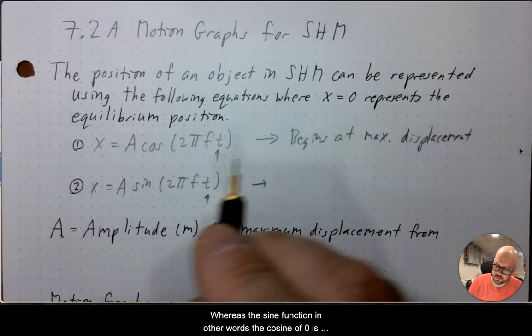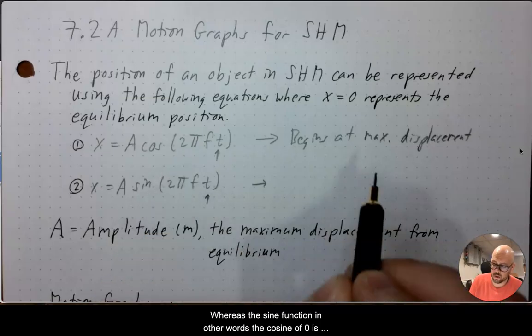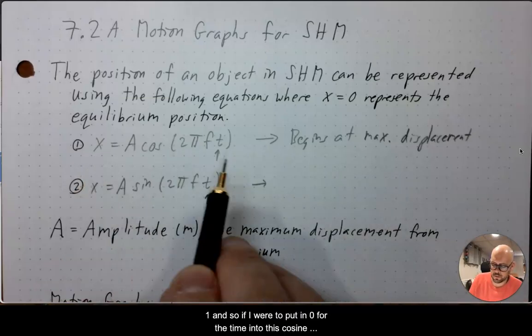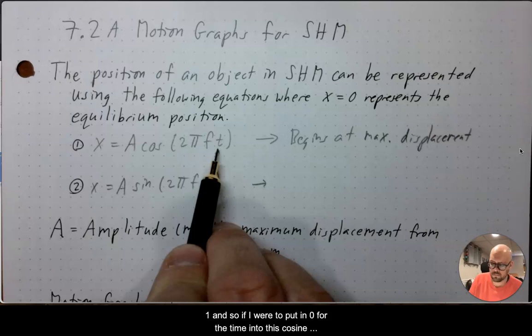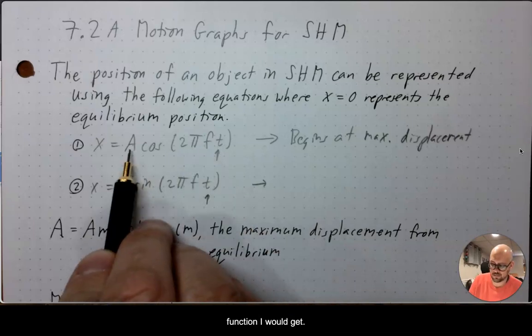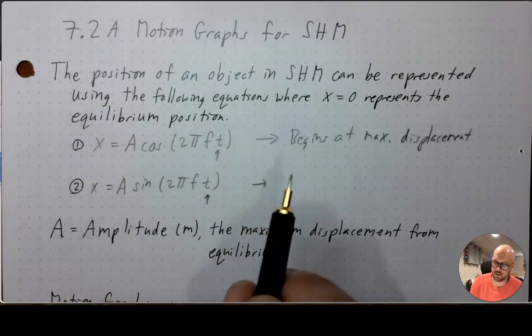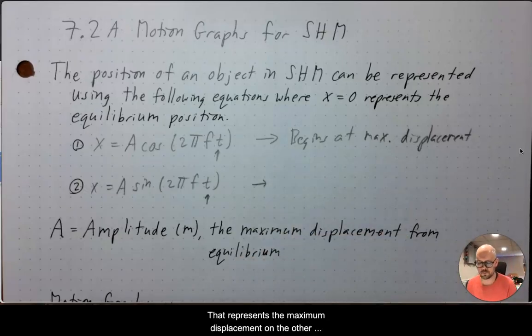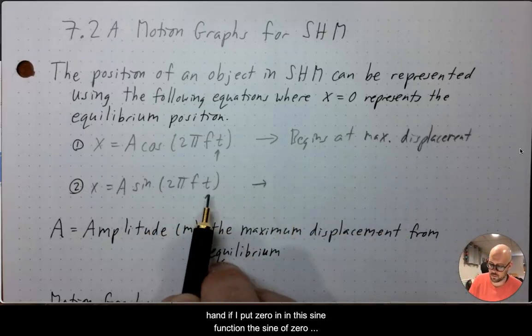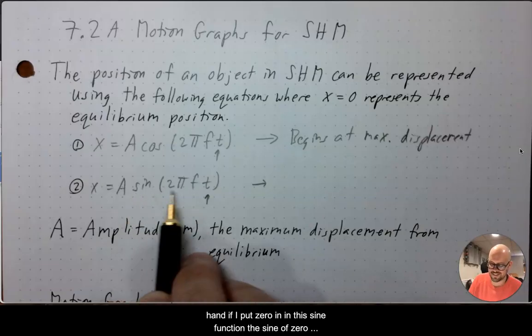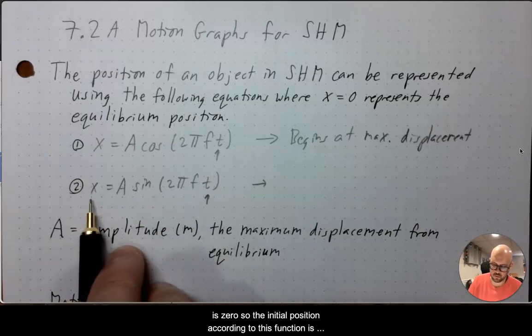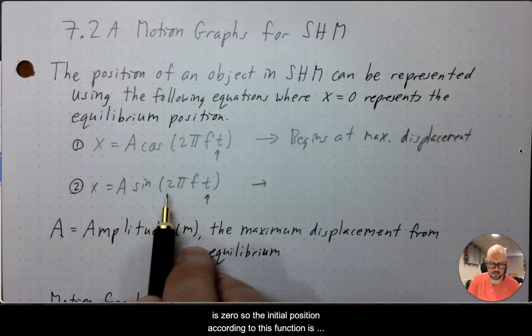The cosine of 0 is 1, so if I put 0 for the time into this cosine function, I would get x equals A, and that represents the maximum displacement. On the other hand, if I put 0 into this sine function, the sine of 0 is 0, so the initial position, according to this function, is 0.